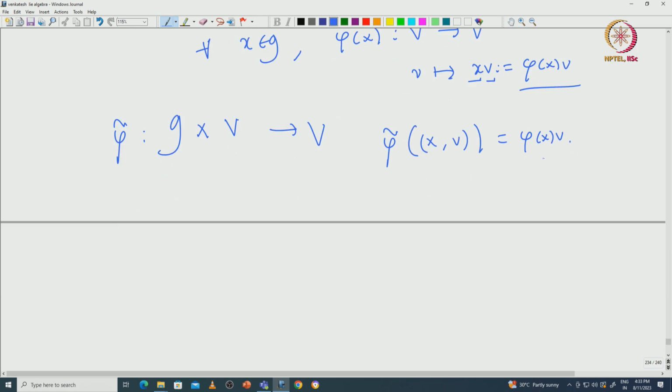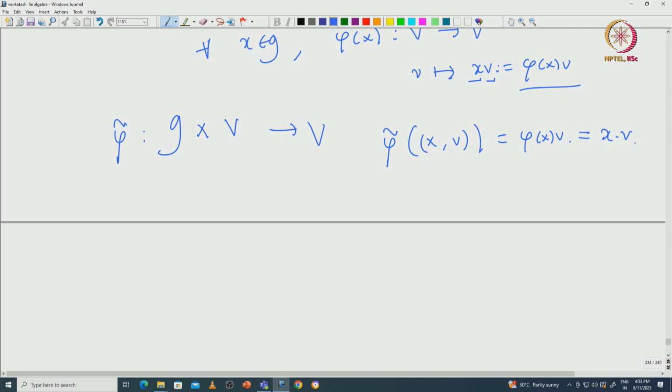Then you can write down some important properties satisfied by this phi tilde. I will leave it to you to write them down. If you want to use some other notation, you can also write this as x dot v.